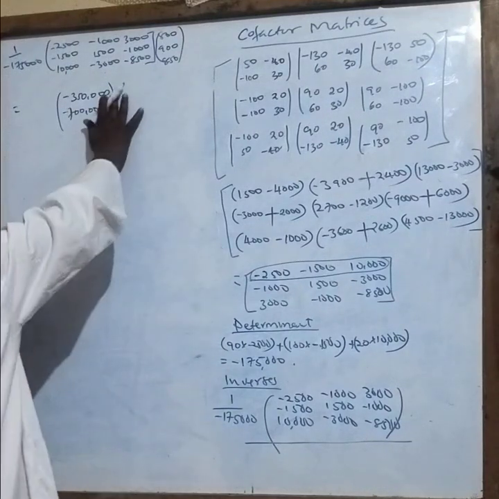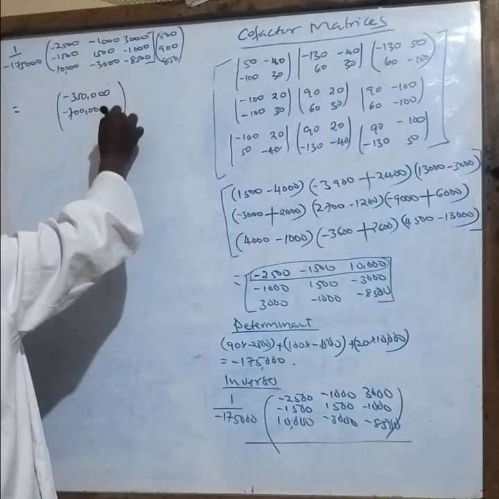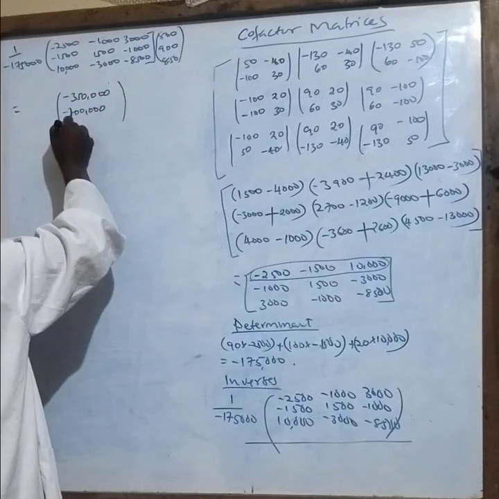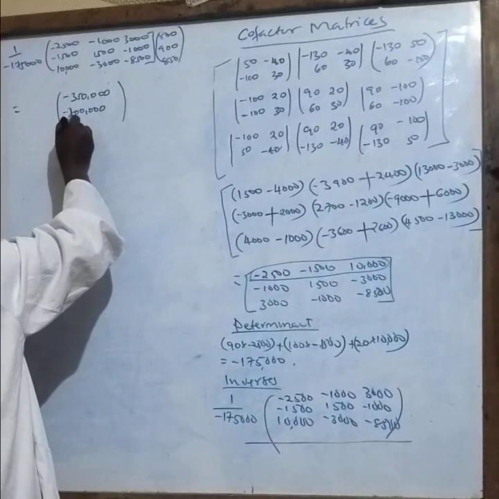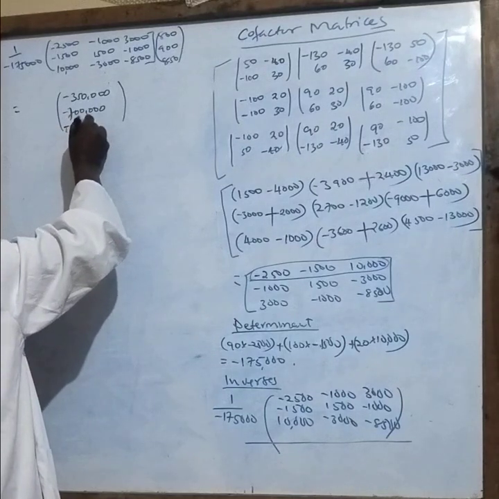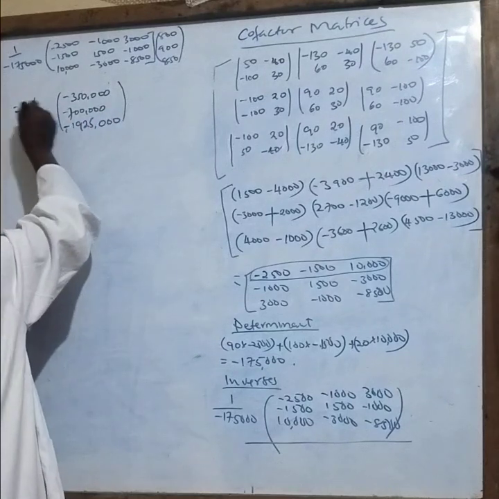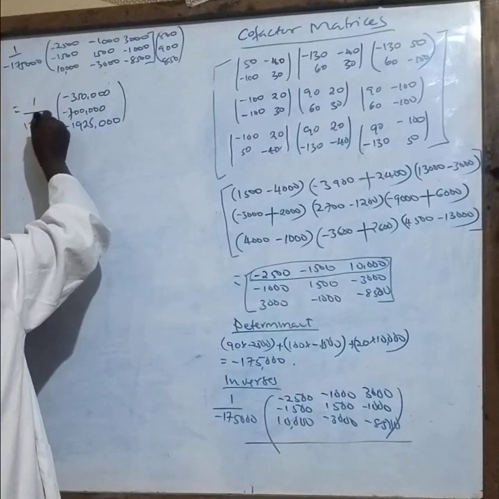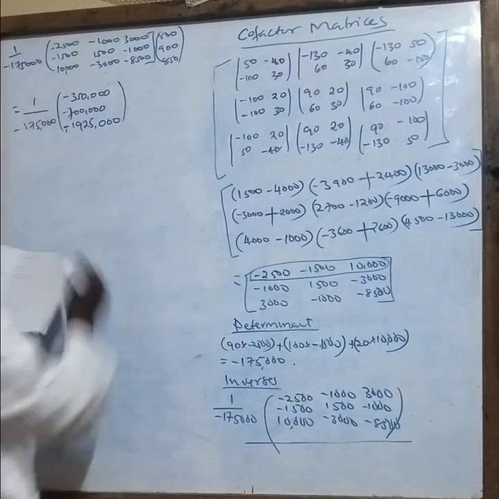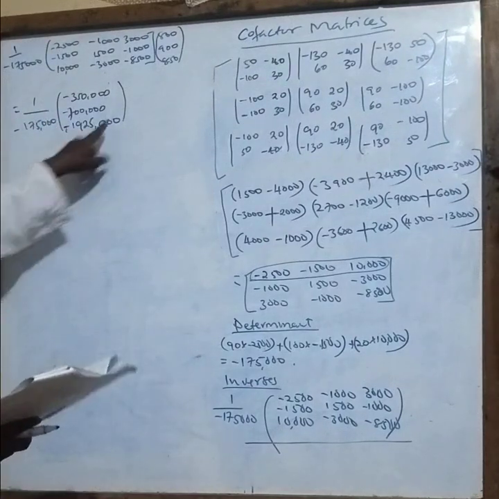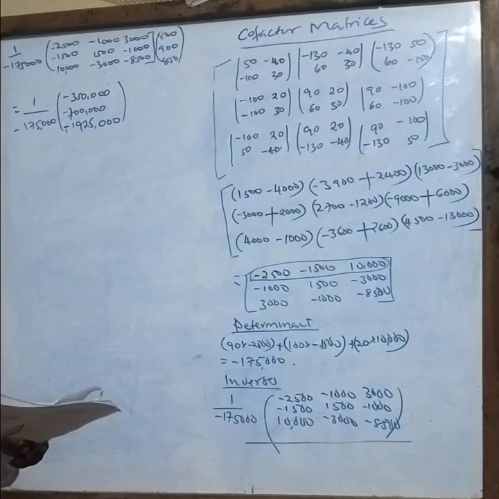Your answer here is negative 1,925,000. So here we have negative 175,000. Negative. So this negative will cancel all these negatives and the answer will be what? Positive.